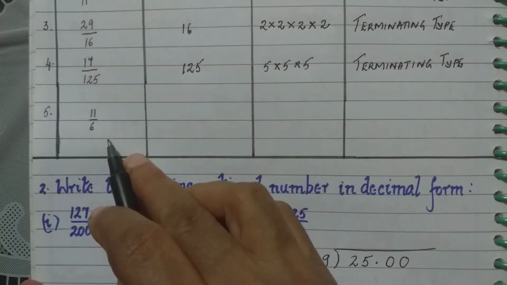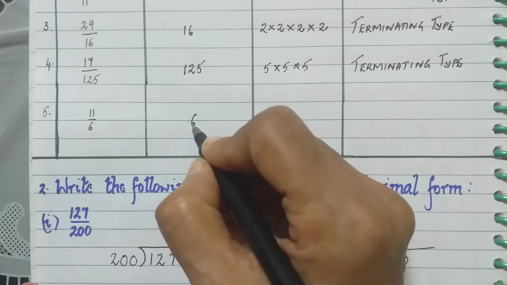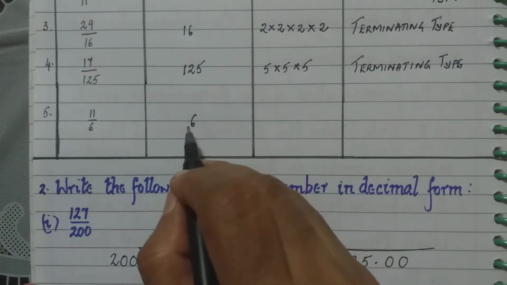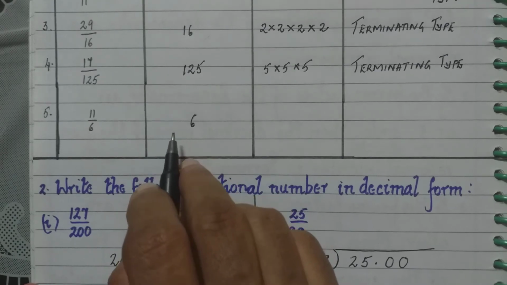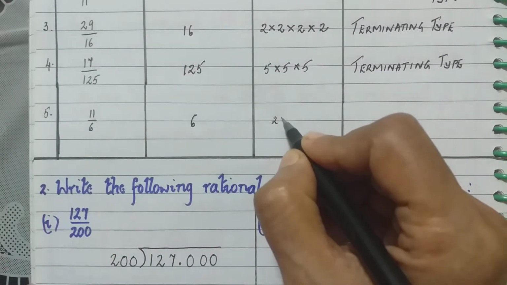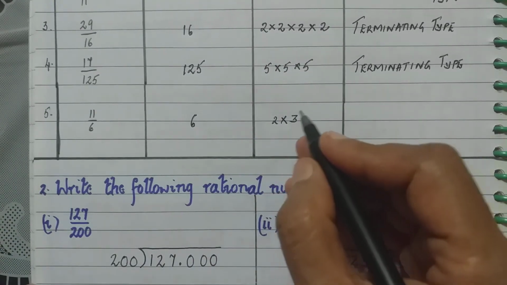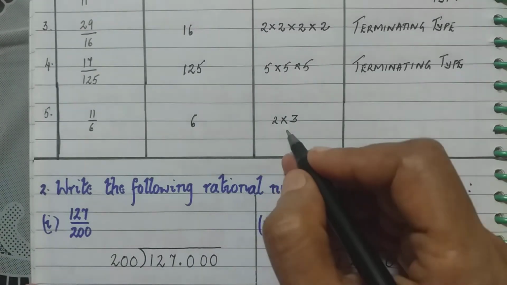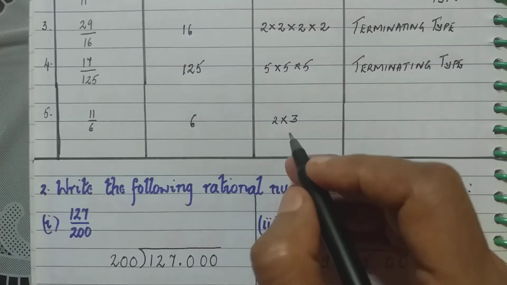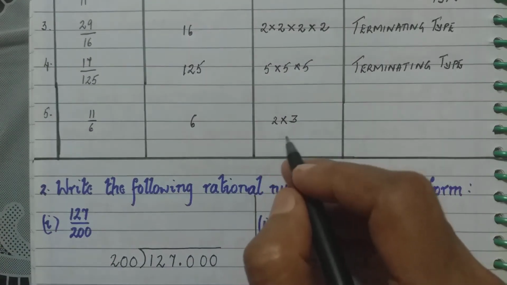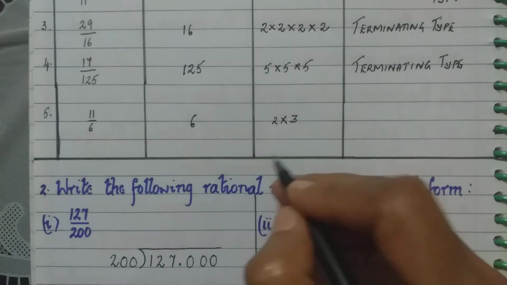The denominator here, the last sub-question, is 6. If the denominator is 6 and I were to write the prime factors of 6, that is 2 into 3. Now although 2 is one of the prime factors, 3 is also there with that. What is the condition for being terminating type? It has to be either only 2 or only 5 or only 2 and 5. Now this 3 has come along with 2.